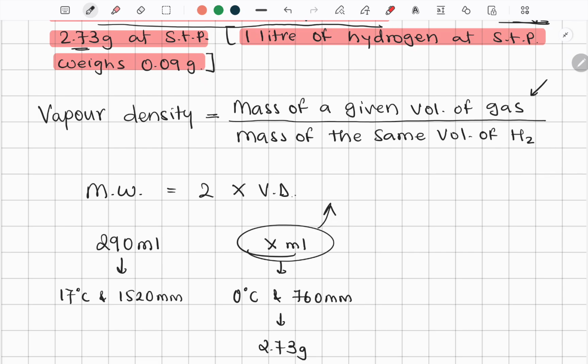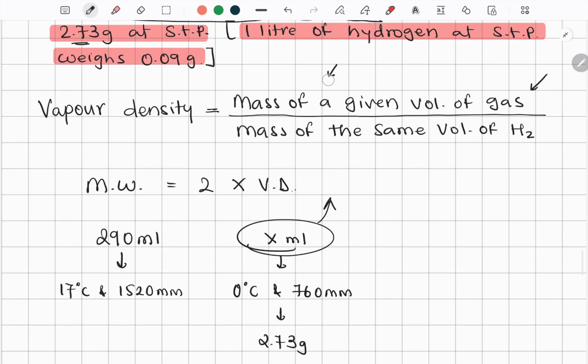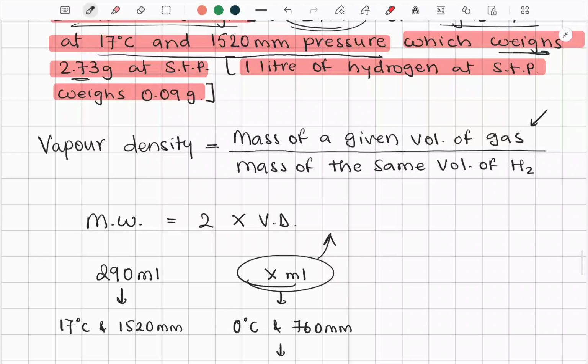We have to put the mass in the numerator as well as the denominator, but the volume of both gases should be the same. I said 1 liter because it is given that 1 liter of hydrogen at s.t.p. weighs 0.09. So the denominator 0.09 is sorted, but we don't know what will come in the numerator.